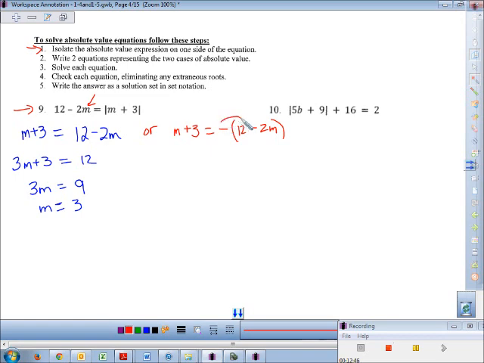First move, I highly recommend, I know last time I tried to show you a shortcut, that we just distribute that negative through. This is a -1 outside parentheses. It needs to get distributed through. So m plus 3 comes down, and that would equal -12 plus 2m. Let's stop and see if we can realize how to do this a quicker way for the next times.